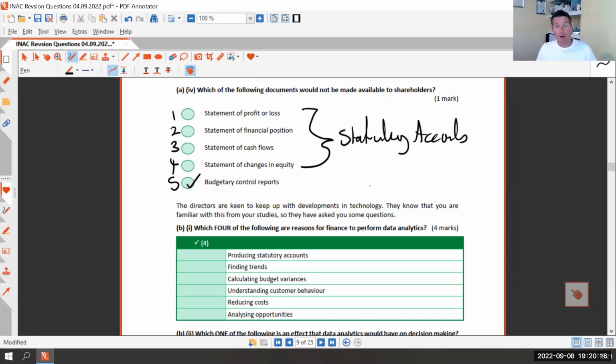But anyway, a full set of accounts should include a statement of profit and loss, statement of financial position, statement of cash flows, statement of changes in equity, and it also should have notes and disclosures at the end, but that's not a set part of the accounts. So that's why they all go in a full set of accounts. Shareholders will be given them, but what we won't be given is budgetary control reports.